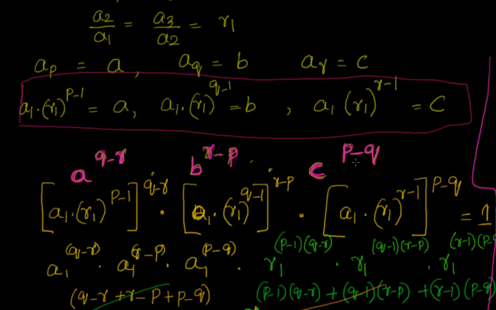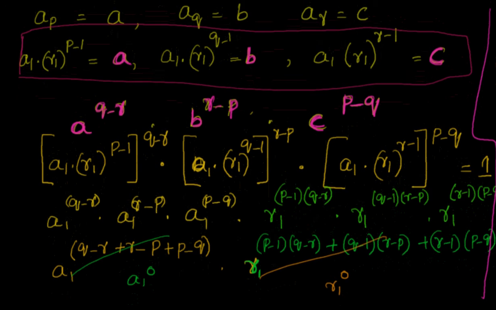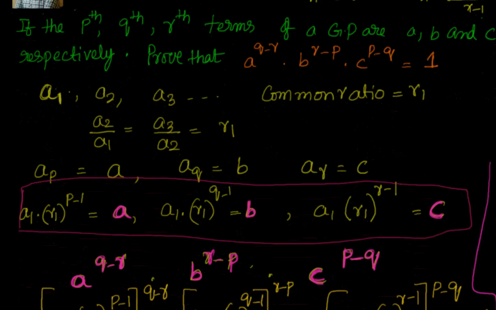Now we know what a, b, and c are, so we substitute them. After simplification you will see that it's nothing but equal to 0.